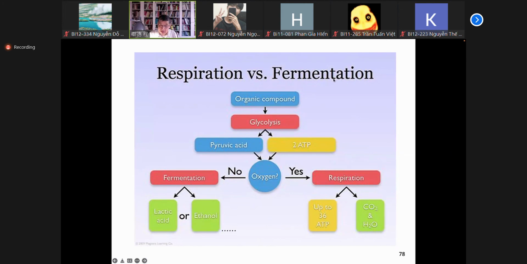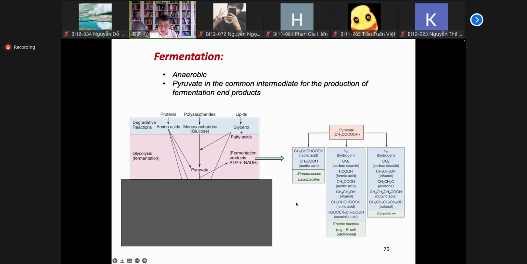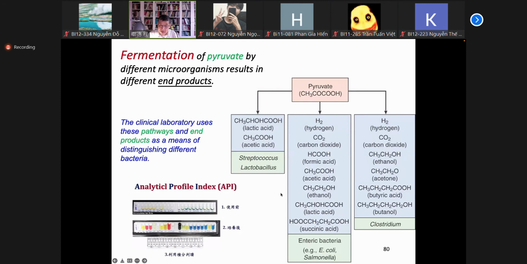So fermentation is degradation with the help of oxygen. Okay, some the fermentation product may be different. Some may be the alcohol, some may be the formic acid, some may be the acetic acid. So different bacteria can produce through fermentation different products.